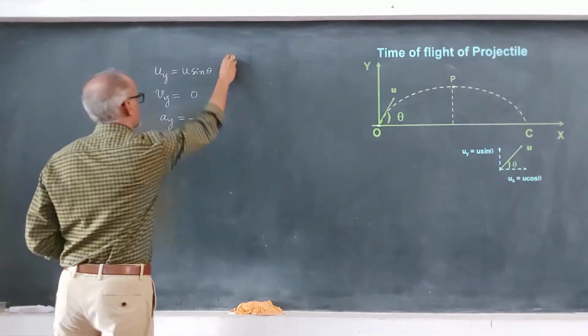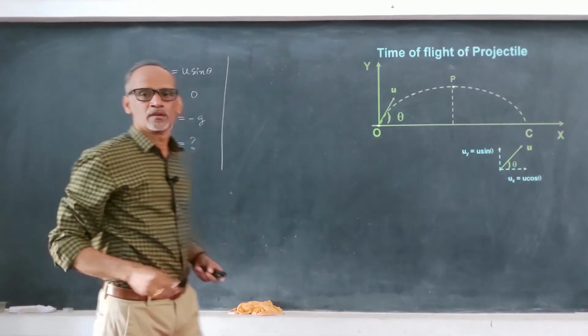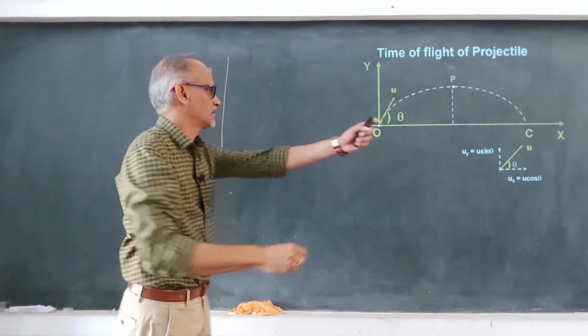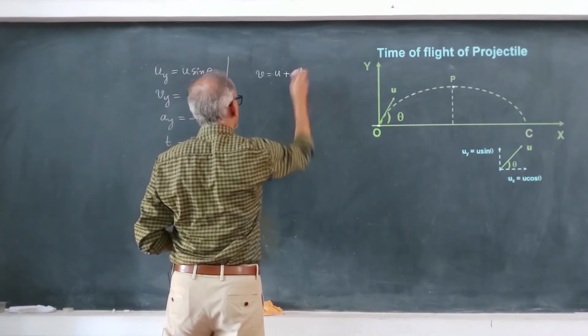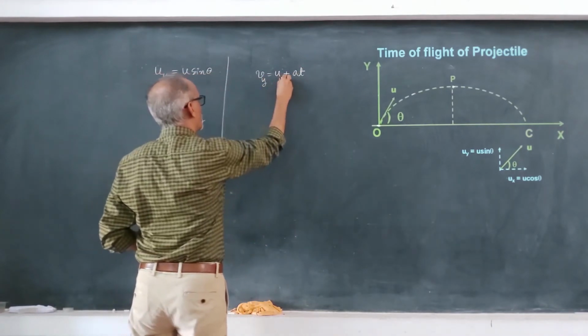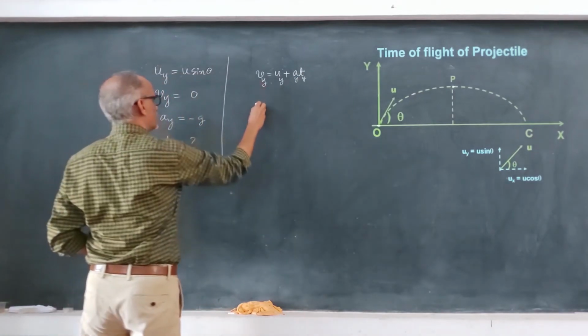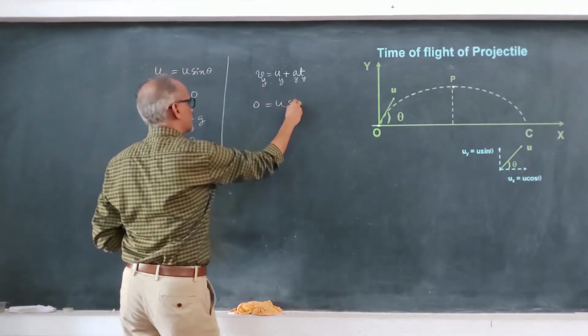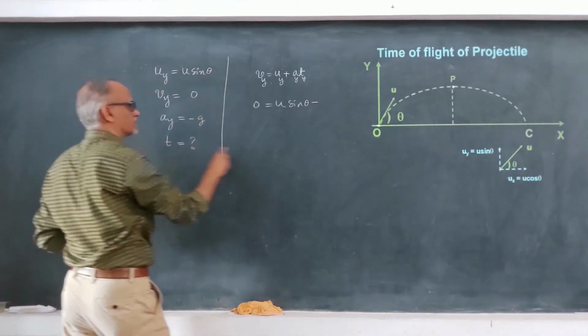Now, which is the equation that relates v, u, a and t? Recall from the equations of motion, it is v is equal to u plus at, everything along the y axis. What is v_y? It is 0. What is u_y? u sin theta, minus g into t.